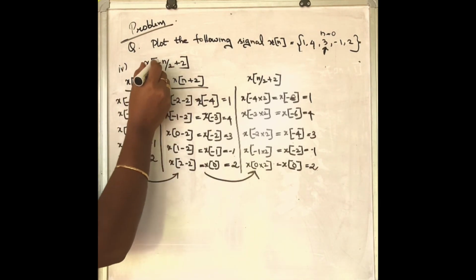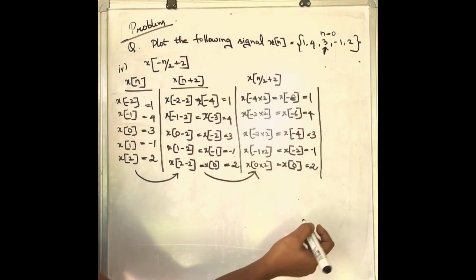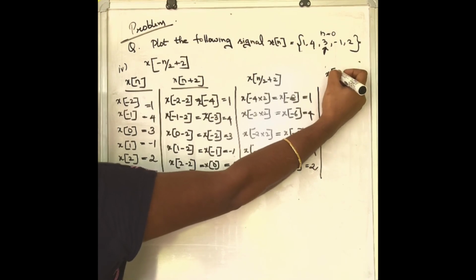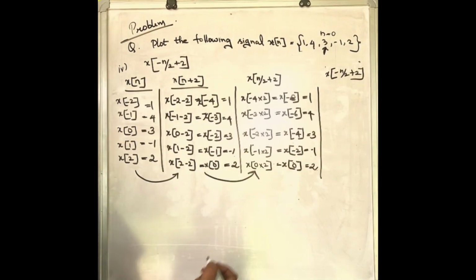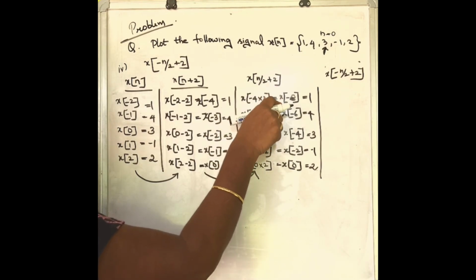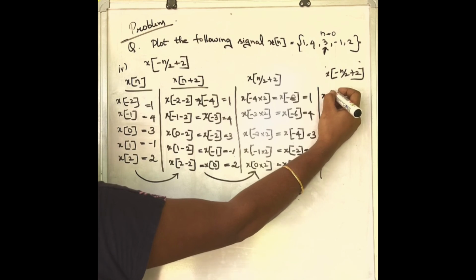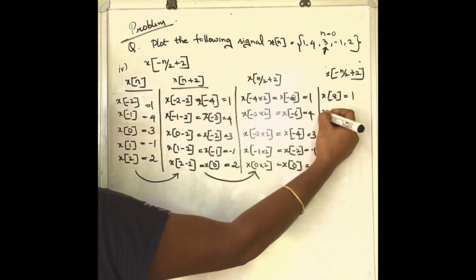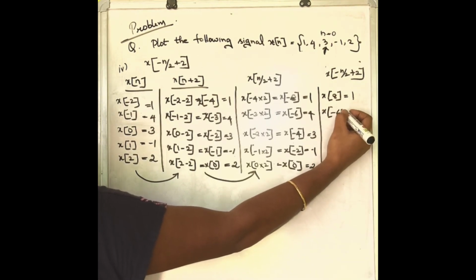Then comes your time reversal. There is a minus sign. Don't forget that. That is the last step. X of minus n by 2 plus 2. Okay, so for this, you're going to multiply each instant with minus 1. So this becomes x of 8, I'm multiplying it and then writing it, minus 6 into minus 1.